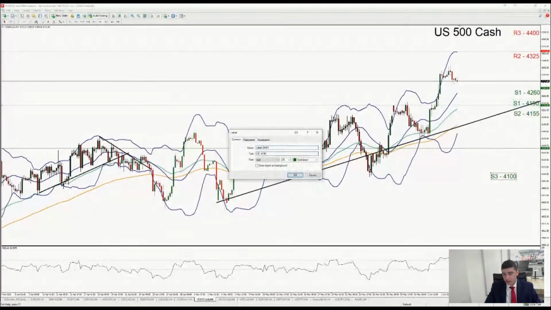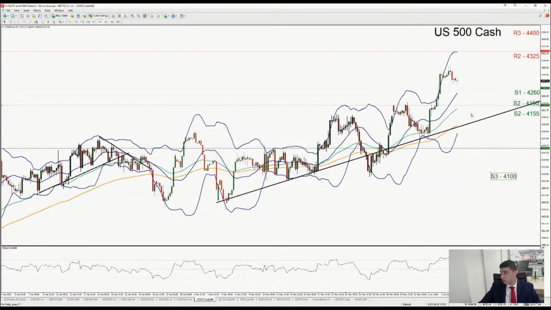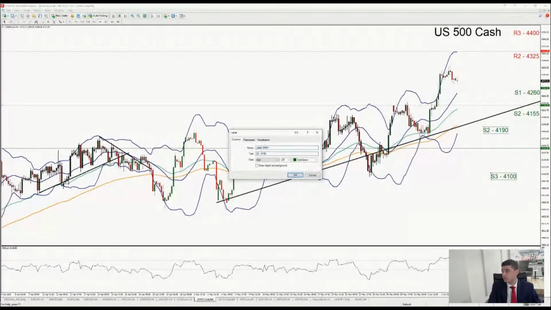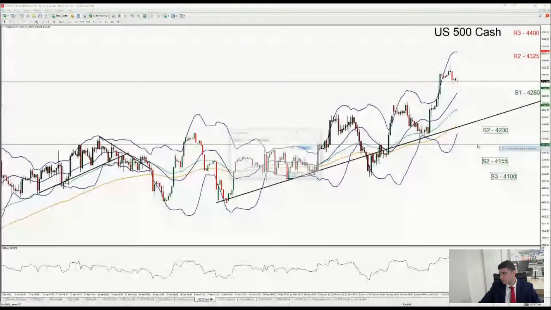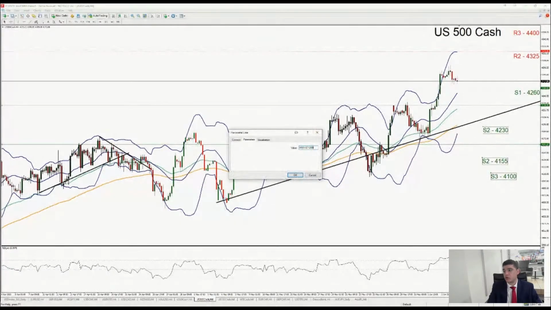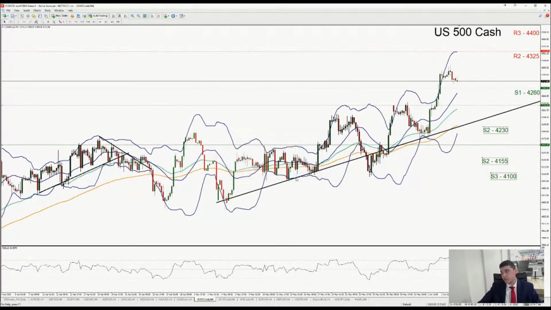Yet, please know that it could easily break within a few sessions S1 and S2. So in order to accommodate for a potential fluctuation in price action, I would bring my S3 at the 4,161 level. So this would be my S3.